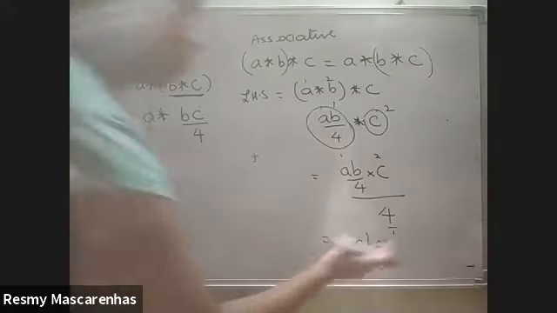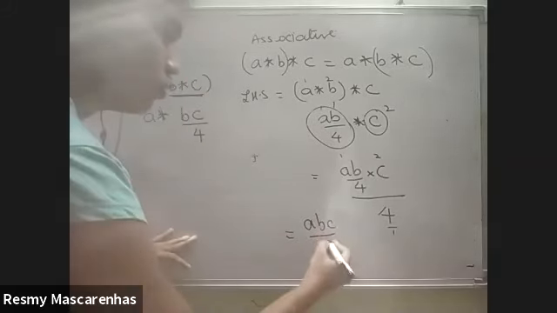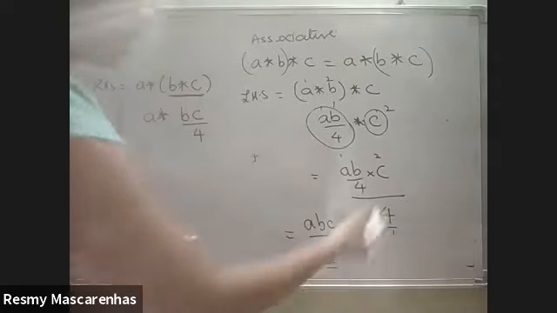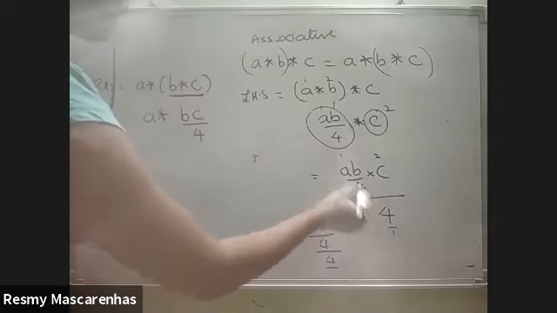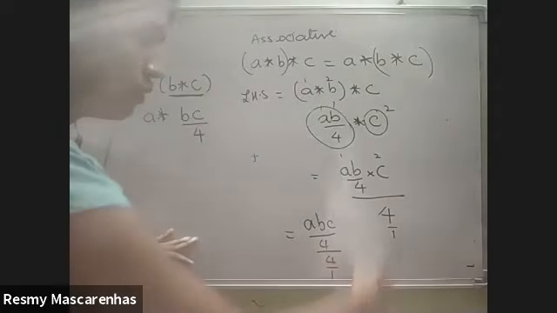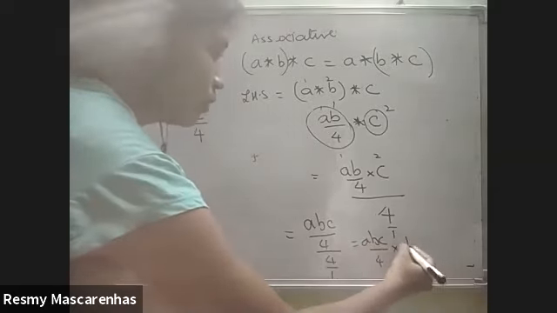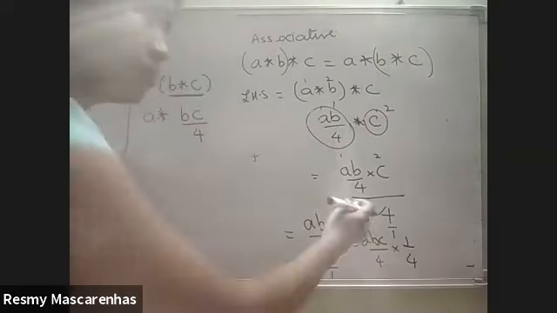Then how did we get that 16? See, this is basic calculation. A, B, C upon 4 upon 4. You cannot cancel because they are not alternate. The alternate number is what? 1. So when you reverse, what will happen? A, B, C upon 4 into 1 by 4 it will become.